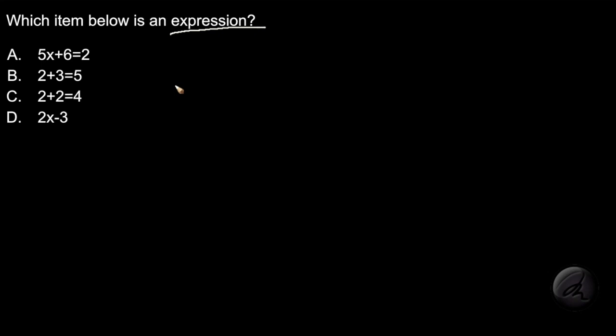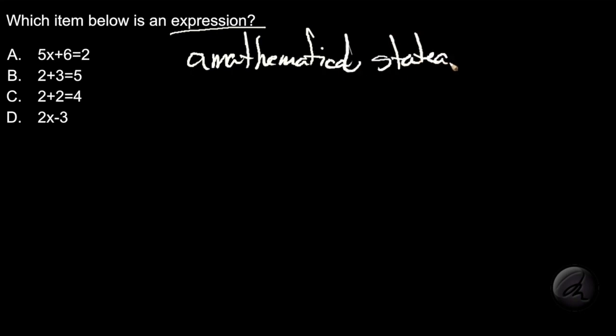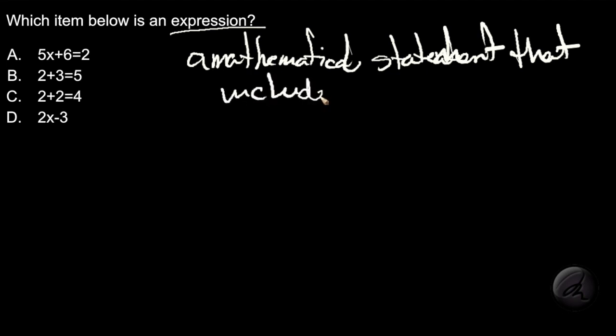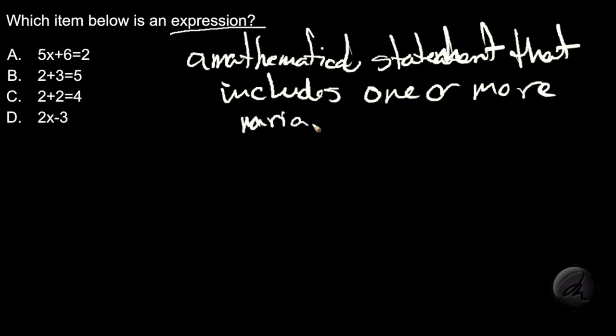Well, if you remember correctly, an algebraic expression is a mathematical statement that includes one or more variables. All right, so an expression is a mathematical statement that includes one or more variables.